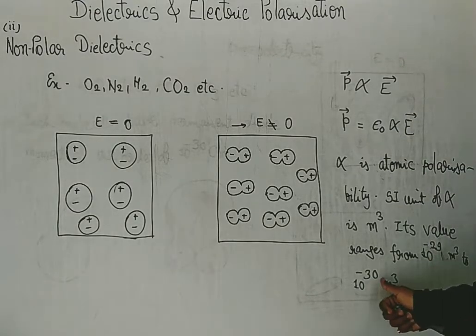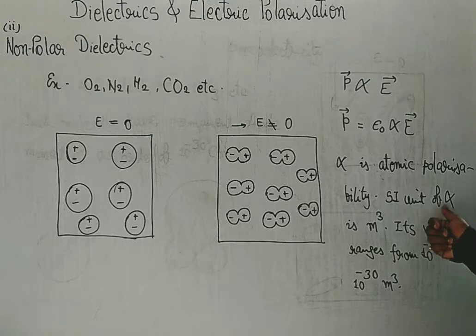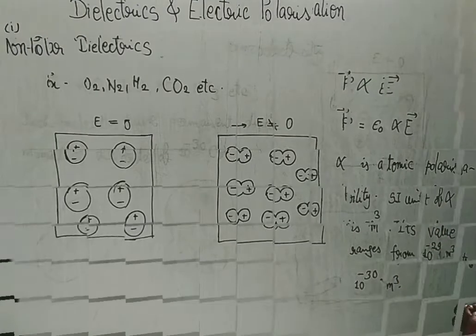So this is the range of this polarizability constant, the atomic polarizability alpha.